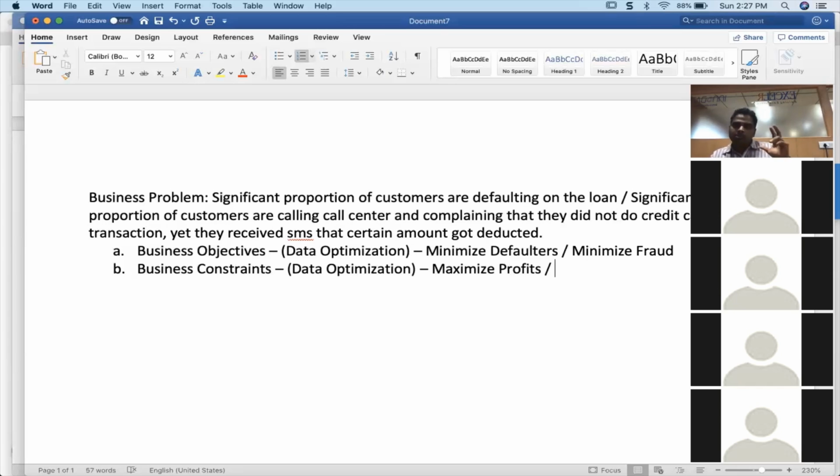Now think about a common sense example on how you want to minimize fraud. One common sense way of minimizing the fraud is, each time someone does a credit card transaction, you have your call center folks call that person and say, hey, did you do the transaction, customer?